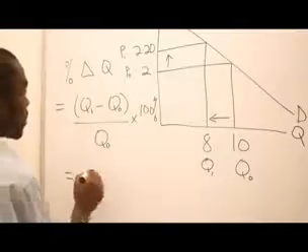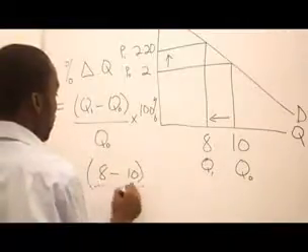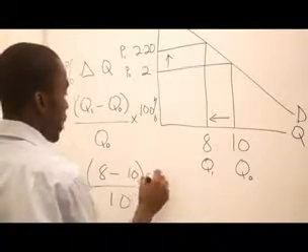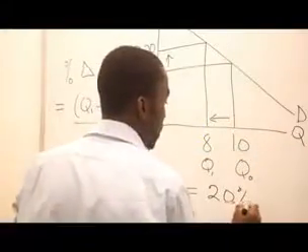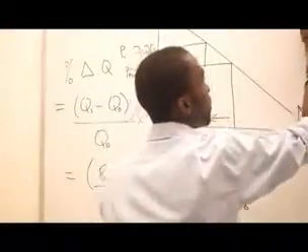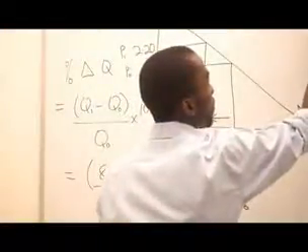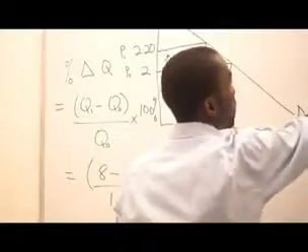This will give us 8 minus 10 divided by 10 times 100, and it will give us 20%. So we'll have our percentage change in quantity to be 20%.